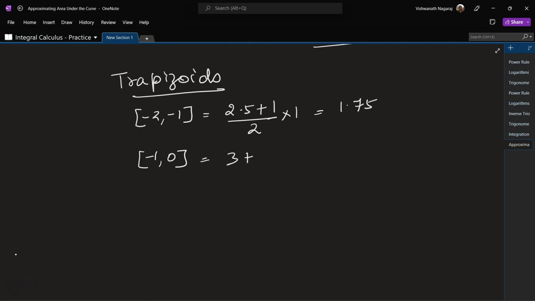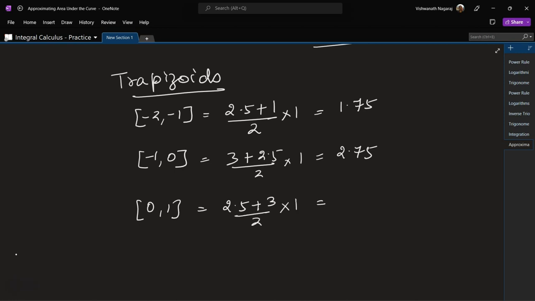This would be (3 plus 2.5) by 2 times 1, which gives us 5.5 by 2, that would be 2.75. 0 to 1 would be (2.5 plus 3) by 2 times 1, which would again be 5.5 by 2, that is 2.75.